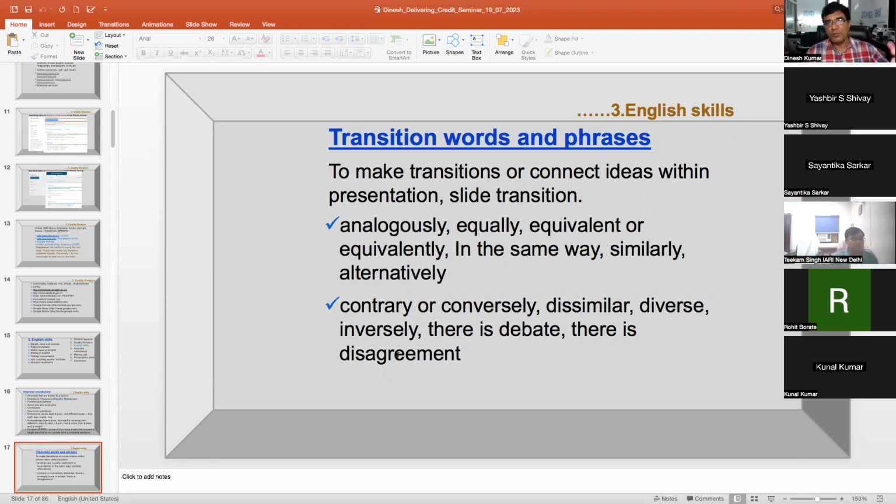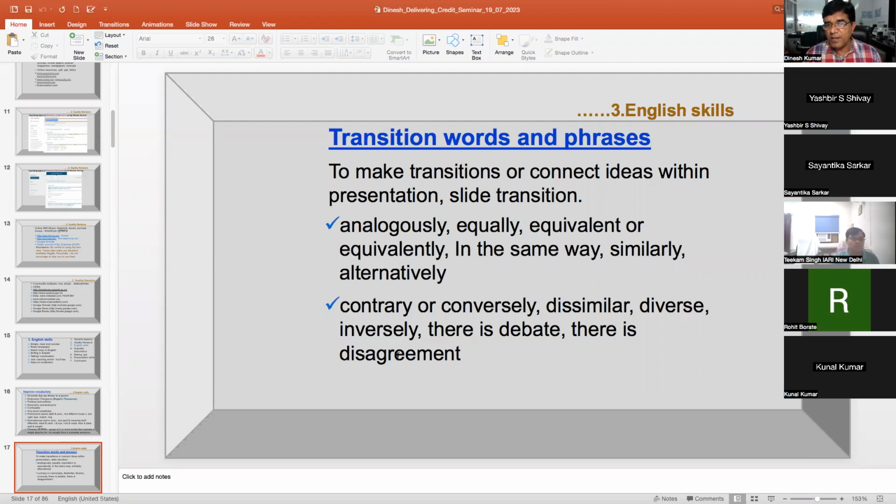For example, we can use a variety of words. And every time on every slide, we need not use every single word. We can use these words in rotation, like analogously, equally, equivalent, equivalently, in the same way, in the same fashion, similarly, or alternatively, or the other way. Similarly, opposition means you can use contrary or conversely, dissimilar, diverse, inversely.